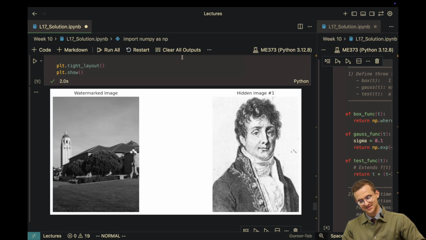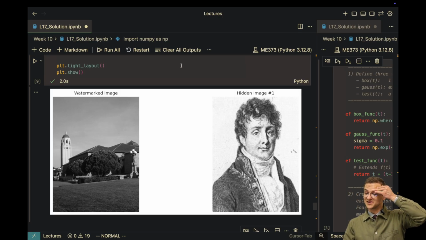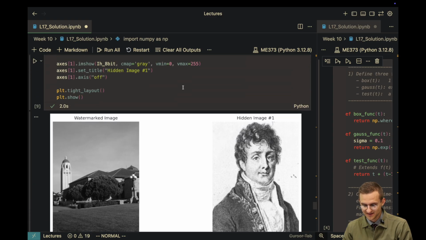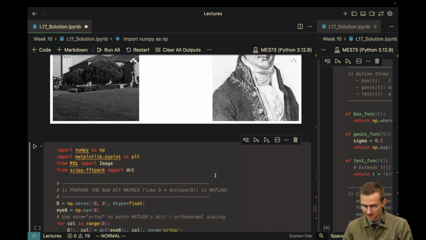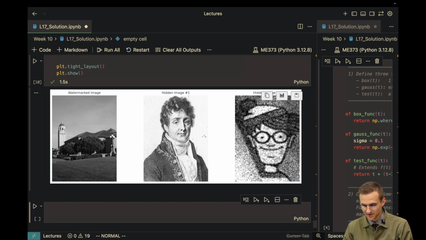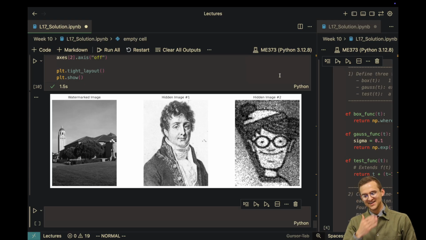And then the last part of the assignment was to run the algorithm again on the image that you revealed, and when you do that, you found Waldo. So the Waldo image was the hidden watermark in the first hidden image, which was the hidden watermark in the photo of Stanford's campus. So I thought that was kind of funny.